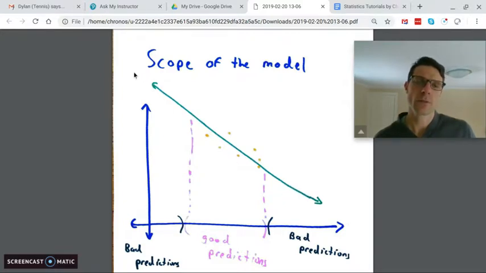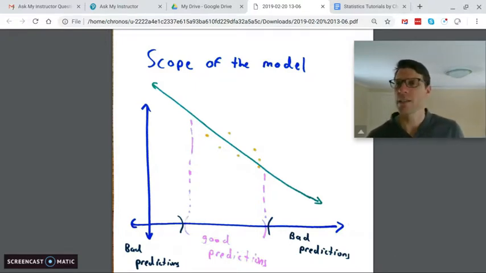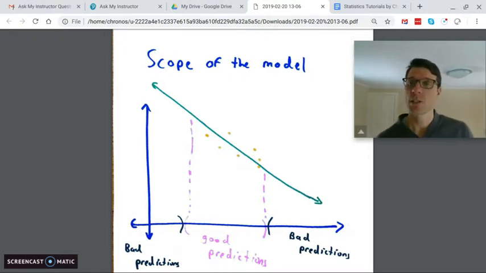Like we talked about for this one, it doesn't make sense to have any negative absences. So it also wouldn't make sense to talk about after this line crosses the x-axis, because any x values out there are going to produce negative final exam results, which no teacher would give you unless they're really evil, right? No matter how bad you do, you can't do worse than a 0 on a final exam.